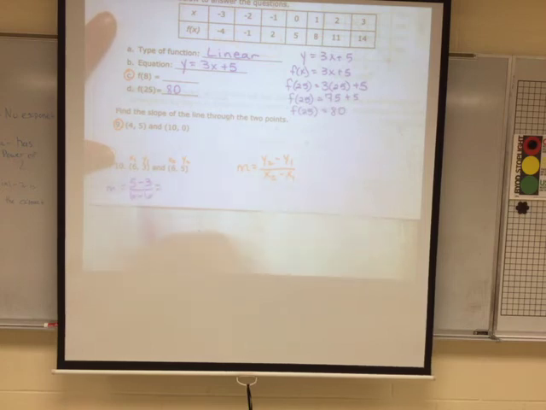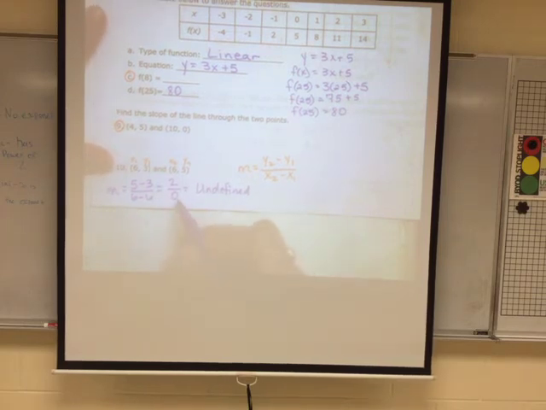Now to simplify. 5 minus 3 is 2 over 6 minus 6 is 0. 2 over 0, we can't divide 2 by 0, so this slope is undefined. Remember, when 0 is in your denominator, you have an undefined slope.